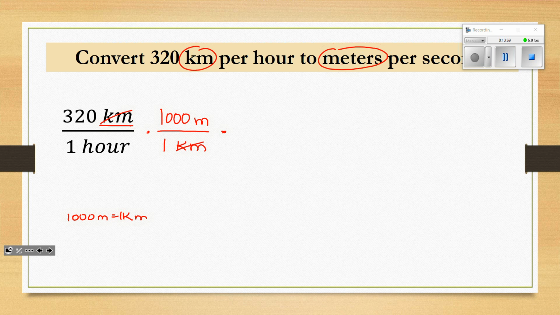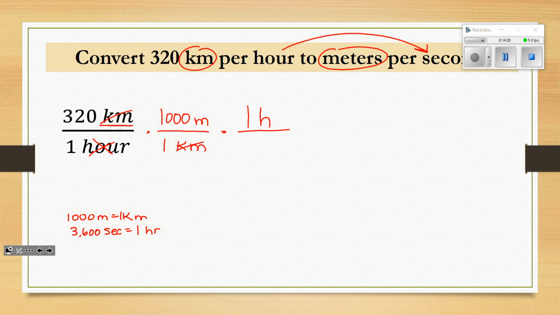Now from 1 hour to seconds, again, we could do that in 2 steps, or we have learned that there is 60 times 60, which is 3,600 seconds per 1 hour. So we can use that for a conversion. We'll have to put the hours on the top because hours is on the bottom.